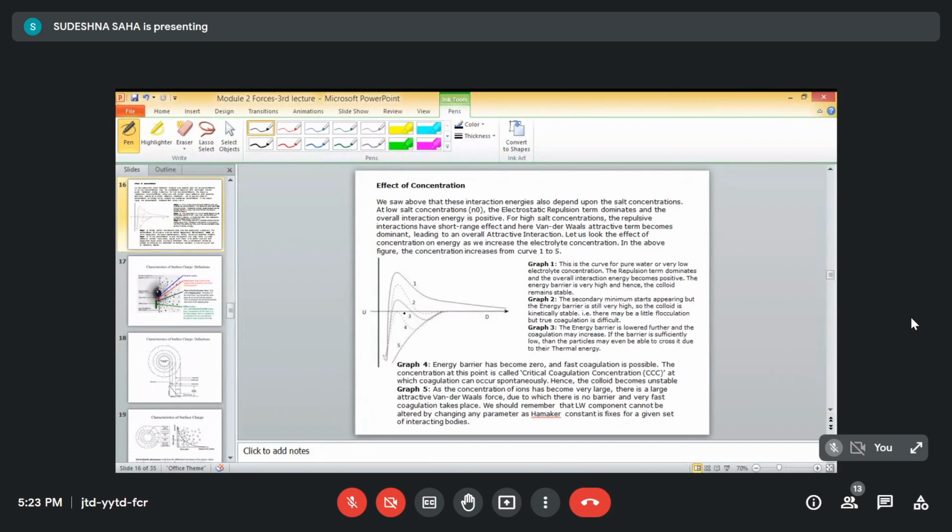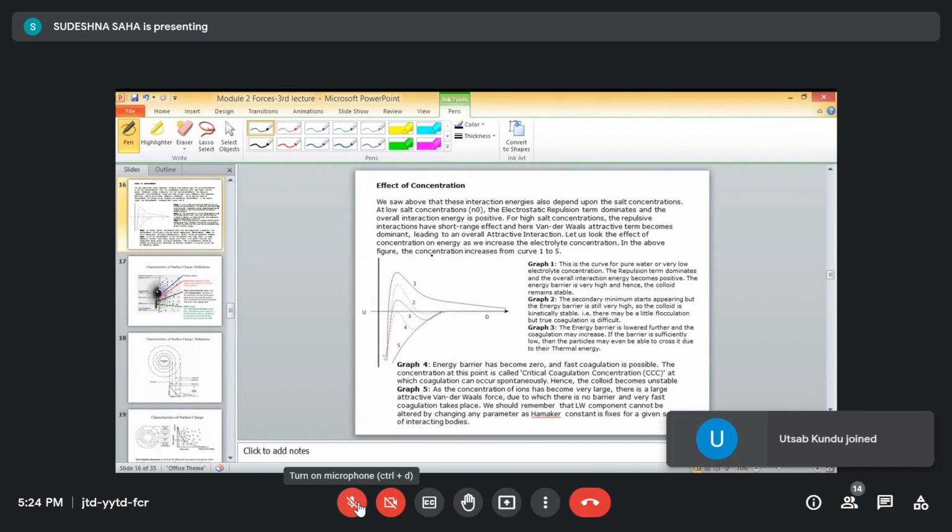With further increase in the concentration of ions, there is large coagulation, where the attractive forces predominate. You will see very fast, spontaneous coagulation as soon as you put the particles into some electrolyte.